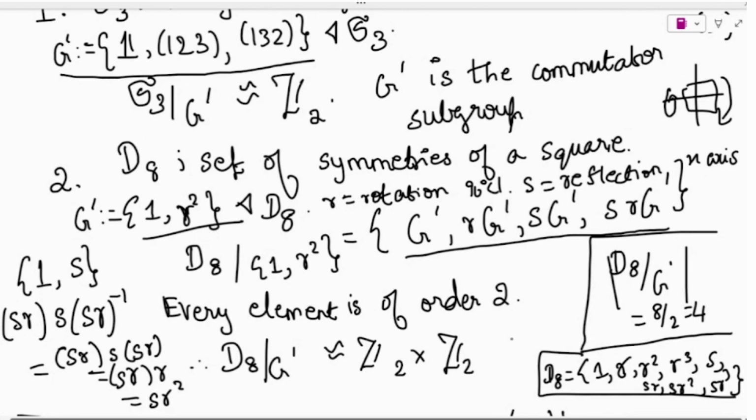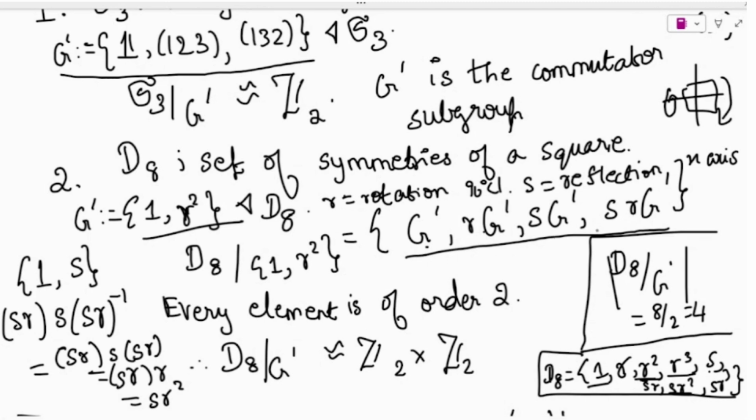These are the elements of D8. In this quotient, R square and SR square are matched with the identity, so the remaining elements will only be the cosets of 1, R, S, and SR, and R cube will just be R. So if you do the quotient, you get this.